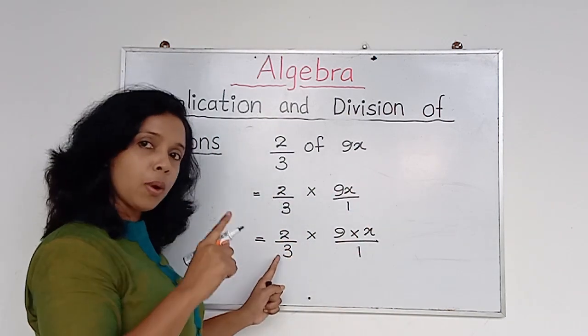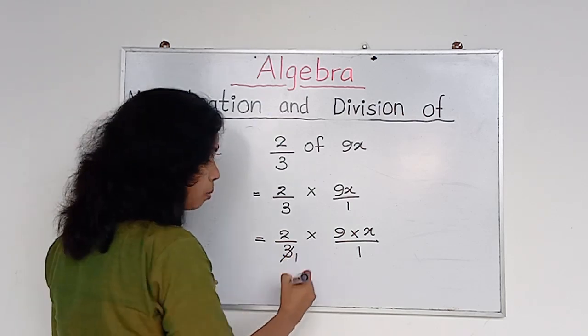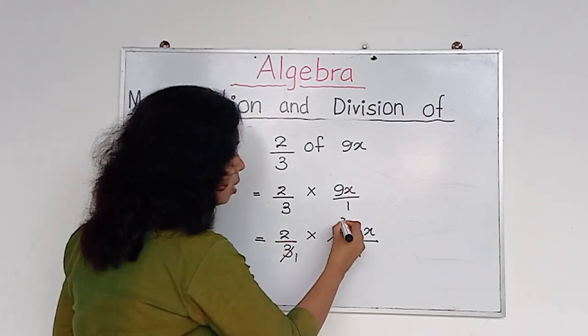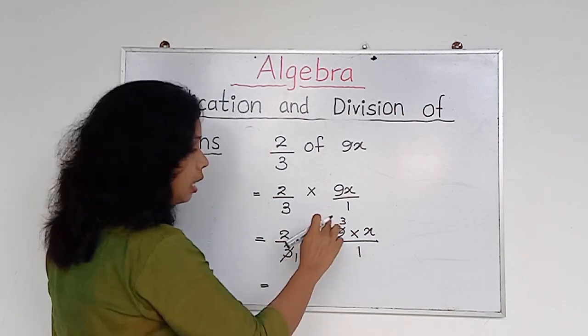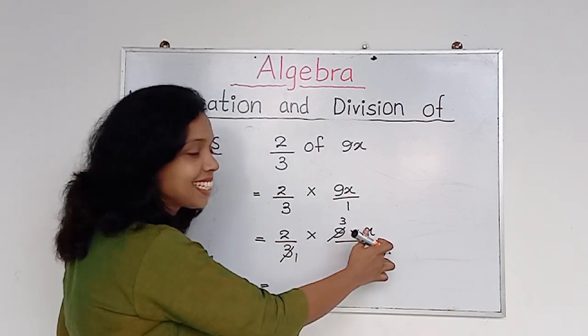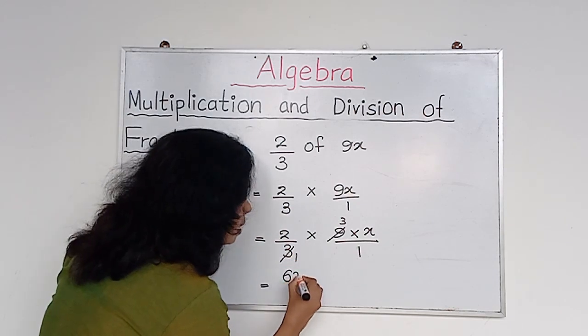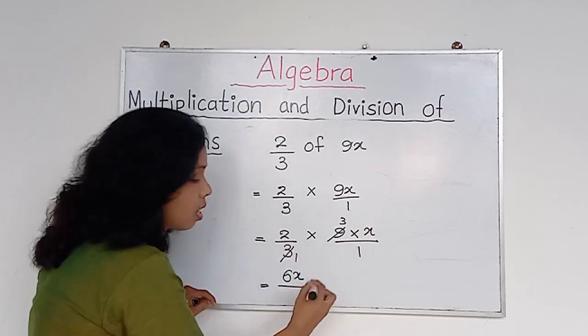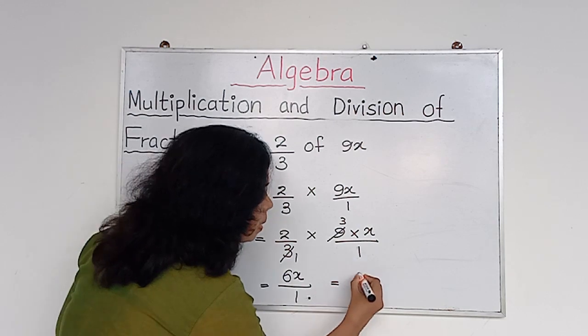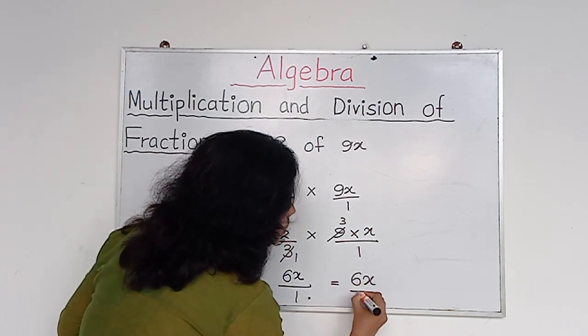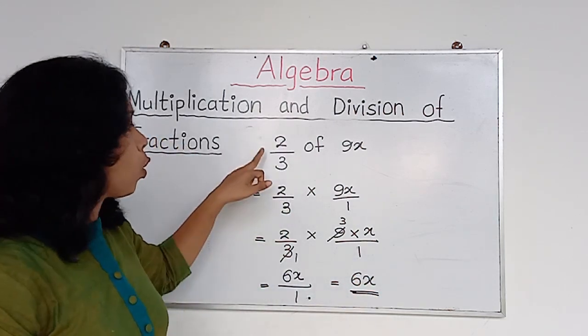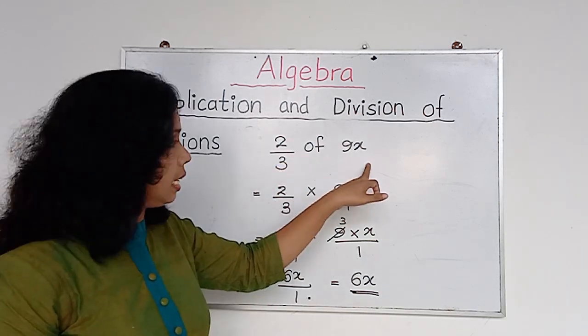Now look at this, how I am going to simplify. 3 times 1, 3 times 3. Now what happened? 3 times x, 3x. 3x times 2, it is 6x. 1 times 1, it is 1. Answer is 6x. Right? 2 over 3 of 9x.